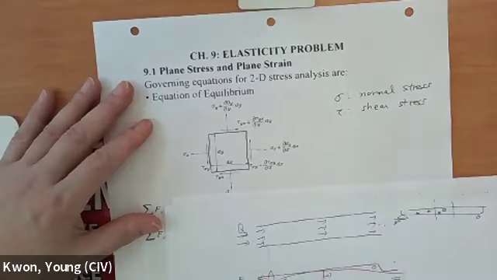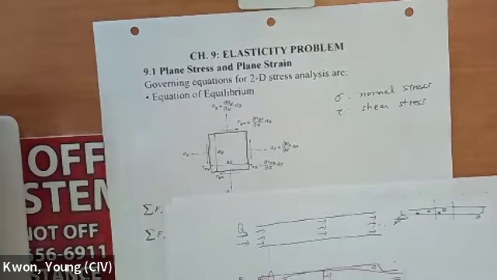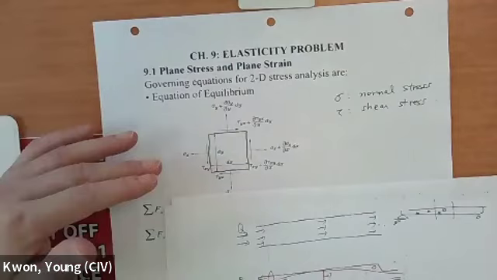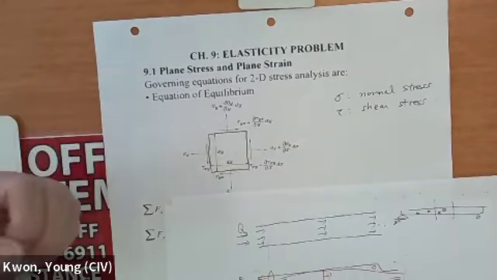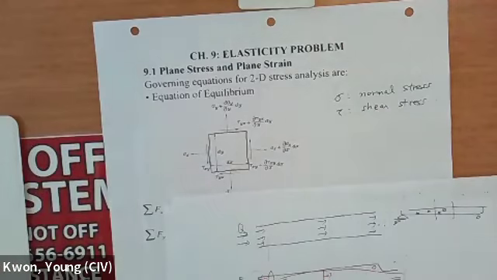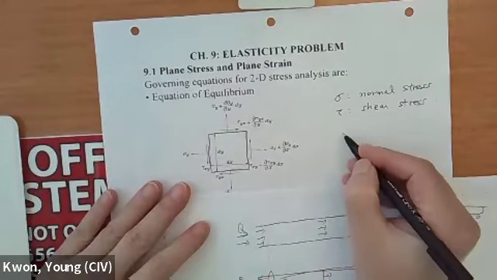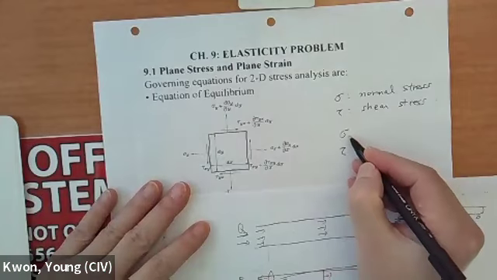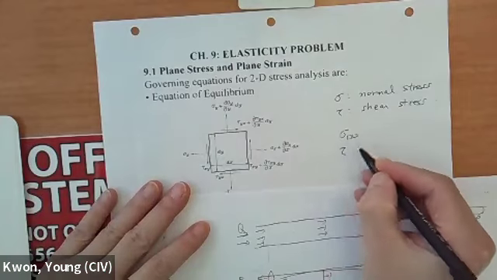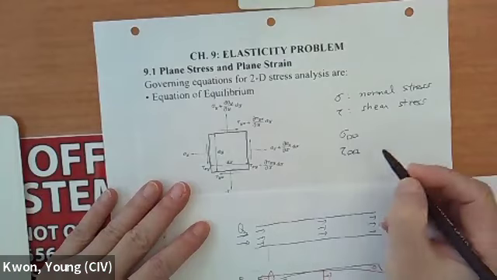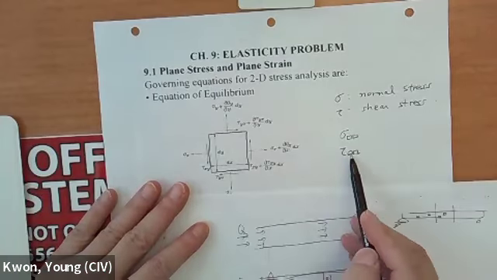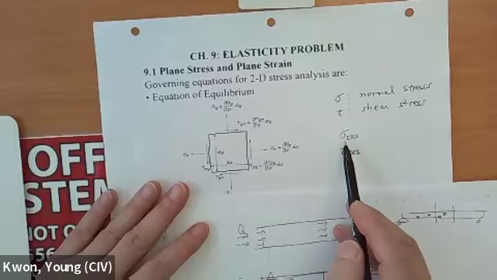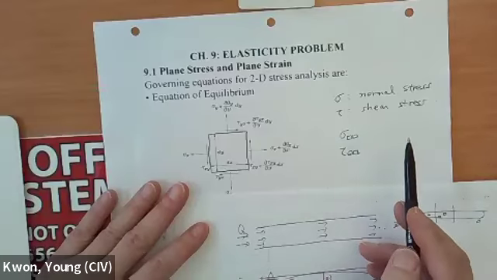Of course people may use different notation, but that's what we are using. So sigma is for the normal stress and tau is for the shear stress. Then either sigma or tau has two subscript indices. The first subscript indicates the plane on which the stress is applied.